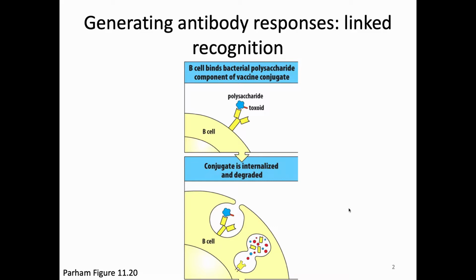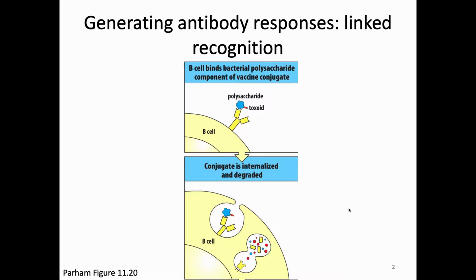You can see that the polysaccharide can get degraded by that B cell. It can get internalized when it binds to the B cell receptor. It can get degraded here. But that polysaccharide is never going to bind to MHC class 2. And so this B cell is going to be out of luck in terms of presenting to a T cell and getting help from a T cell to be able to finish the steps of this response.